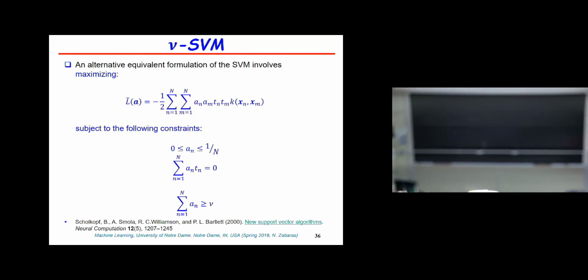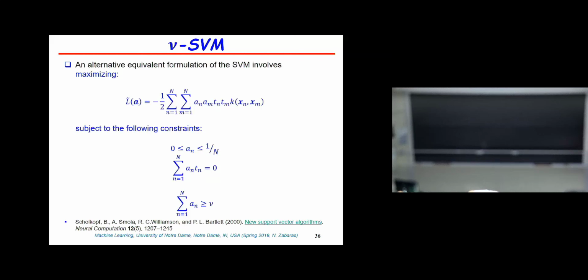There is an alternative formulation of this that comes from a completely different setting, without using these maximal margin calculations. The alternative formulation basically gives you the same results. I'm just going to state this SVM formulation.